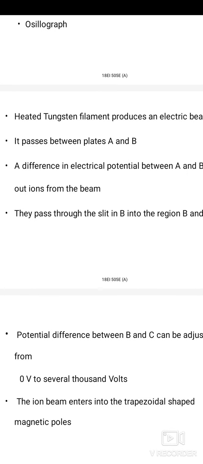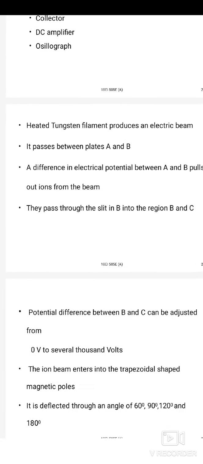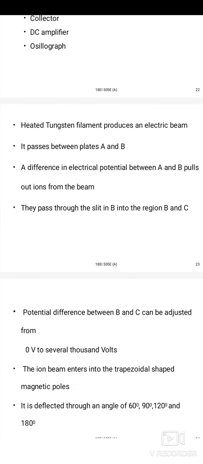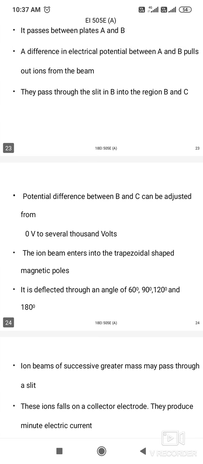A heated tungsten filament produces an electron beam. It passes between plates A and B. A difference in electrical potential between A and B pulls out ions from the beam. They pass through the slit in B into the region between B and C. The potential difference between B and C can be adjusted from 0 volts to several thousand volts.